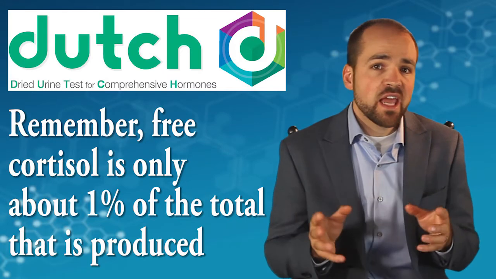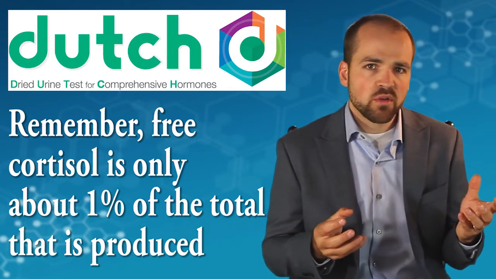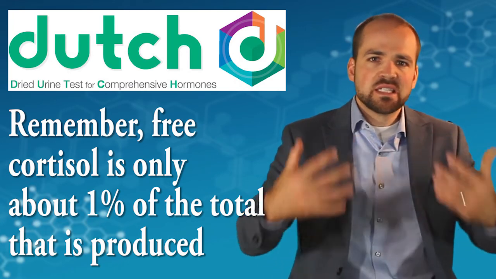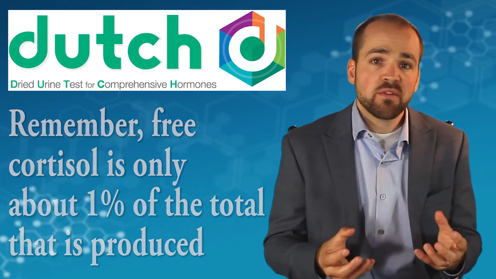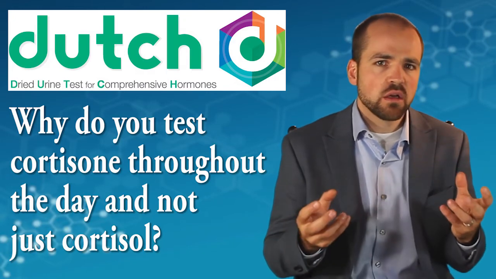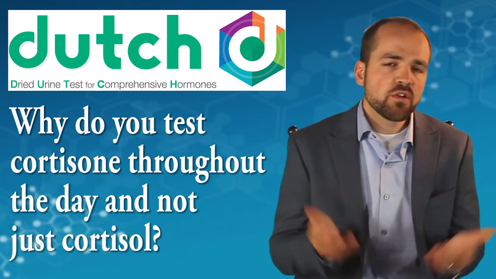Now, you may think, and it would be intuitive to say, the relationship between the free cortisol and the free cortisone as we're measuring those tells us systemically, throughout the whole body, which one of those is being favored. But as it turns out, the better marker for that is not to look at the cortisol in its free form and the cortisone in its free form. Look further down on our report.